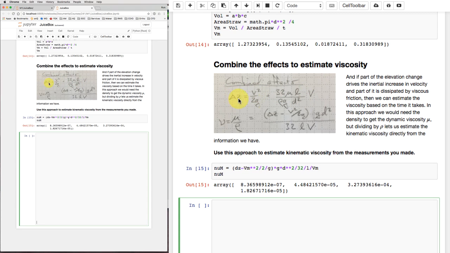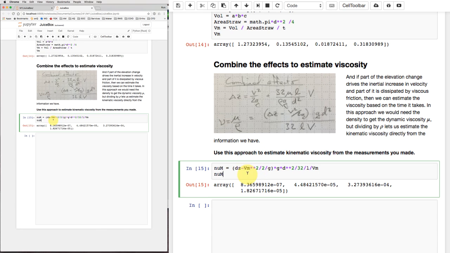Now we'll learn all about these in more detail later on in the course, but for now we can take this equation and rearrange it to get it in terms of the viscosity divided by the density, which is the kinematic viscosity. And if we know delta Z and the velocity, g, the size of the straw, the length of the straw, and again the velocity that the fluid's traveling at, we can figure out what this kinematic viscosity is based on our measurements.